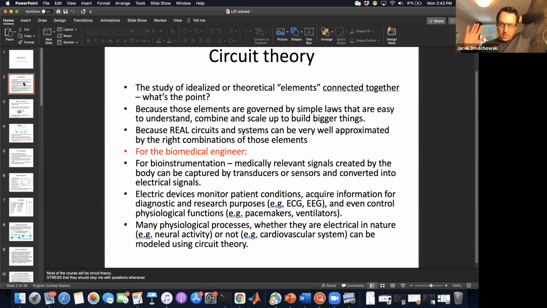So again, lecture 1 is an introduction into the basic concepts underlying electrical circuits. So first of all, why do you as BMEs have to learn about circuits? Maybe some of you are going to end up working more in an orthopedics or microbiology kind of setting. So why do you need to know about electricity? Well, there's a couple of reasons.